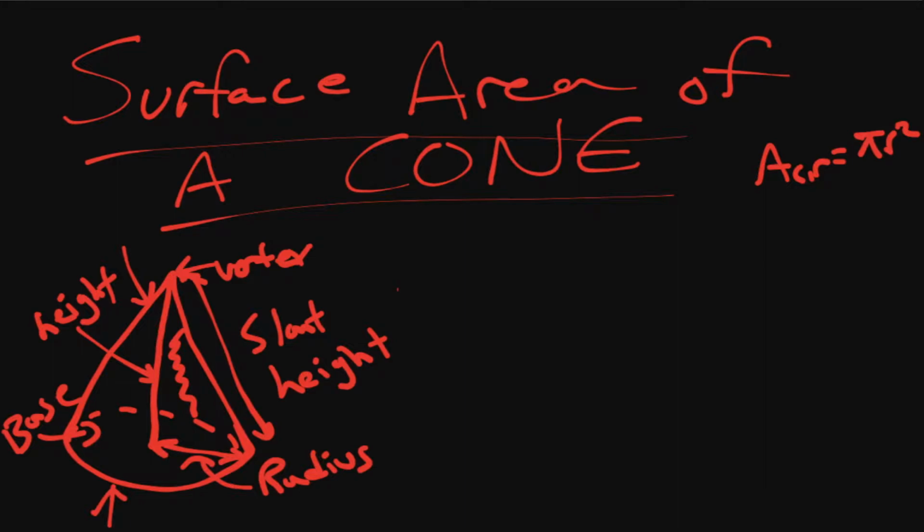But if you just remember that the lateral area is equal to pi r s, s being the slant height, r being the radius of the base, then that's exactly how we will find the total surface area.